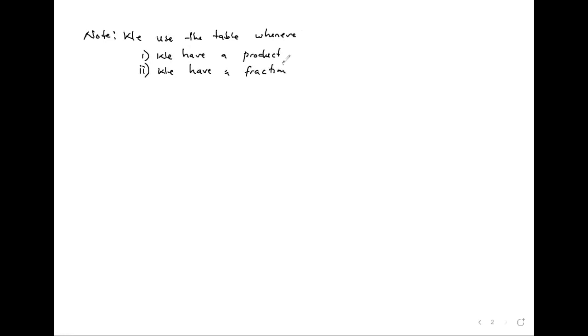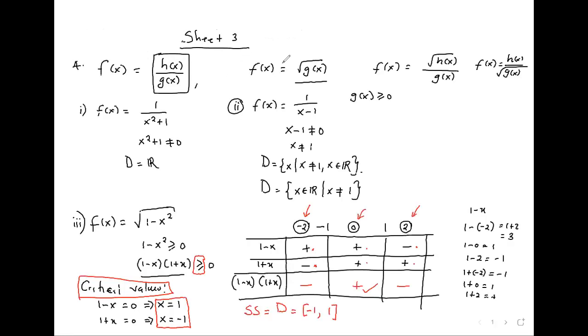So these are the only times when you think of a table. When you have a fraction or when you have a product. Always, if you see this, use the table. When I say the table, I also mean the number line. So when we do the inequalities, I'm going to demonstrate how the table is the same as the number line. So we needed this just for us to obtain the domain.